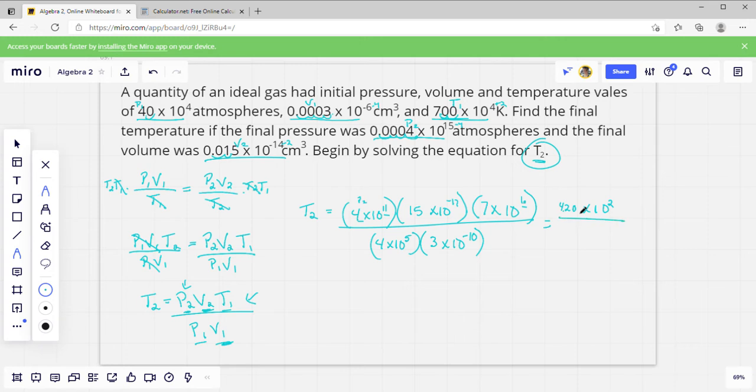All right, over 3 times 4, which would be 12, times 10. See, positive 5, negative 10 would be negative 10. When we bring that up, that'll be plus 10.